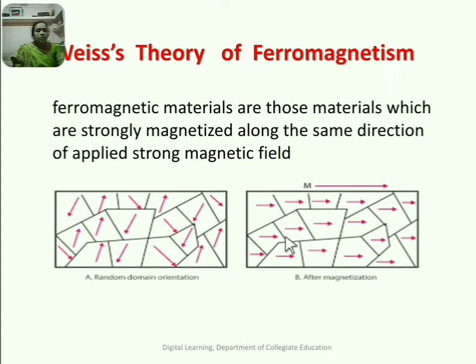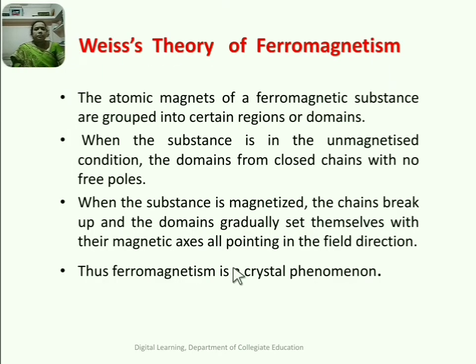These groups are named as domains. So, according to Weiss, the atomic magnets of a ferromagnetic substance are grouped into certain regions, and these regions are named as domains.